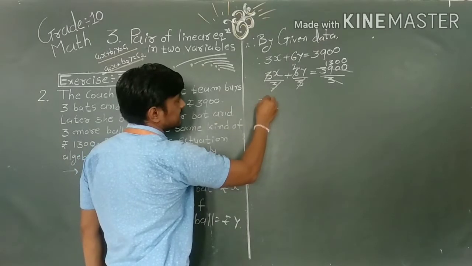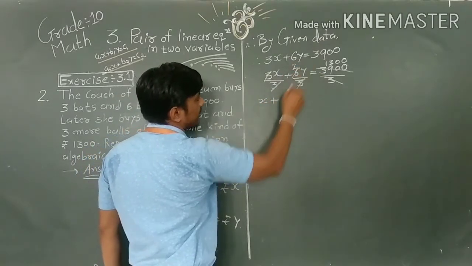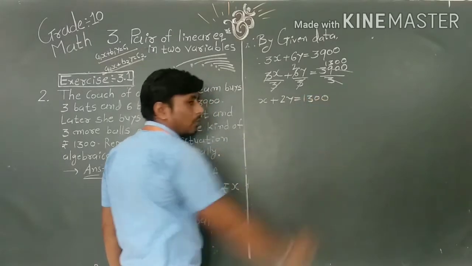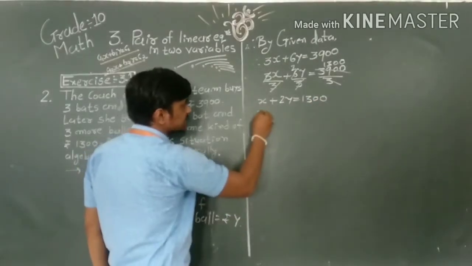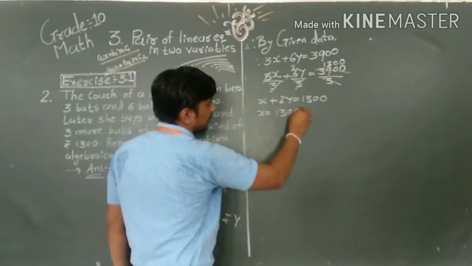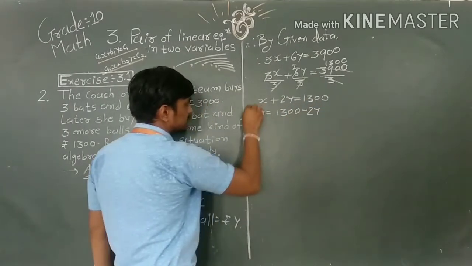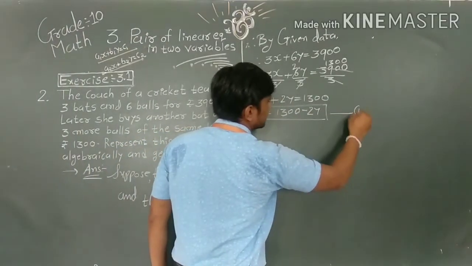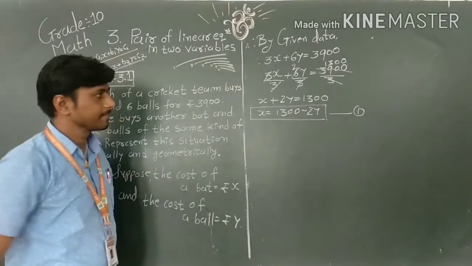Therefore, what is remaining? X plus 2y is equal to 1,300, or you can write x is equal to 1,300 minus 2y. This is our first equation, and this is a representation algebraically.